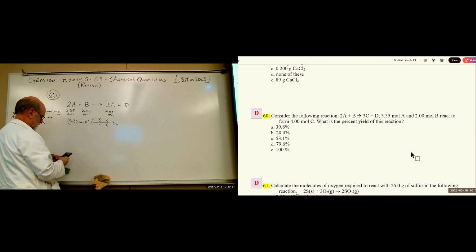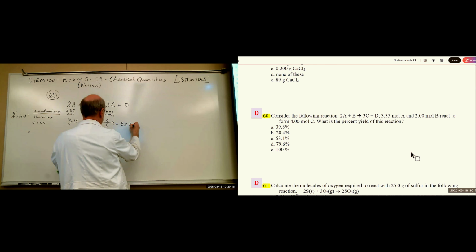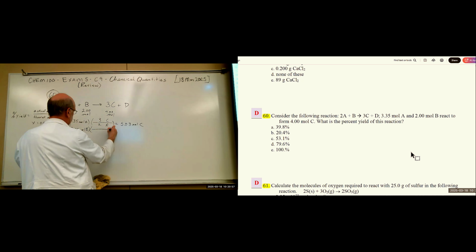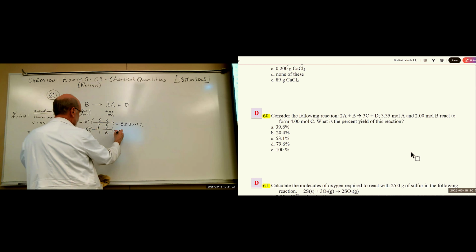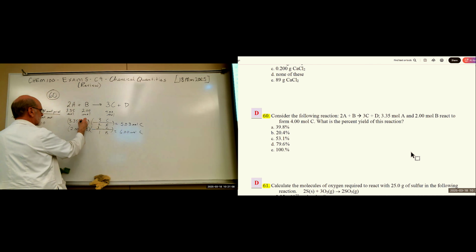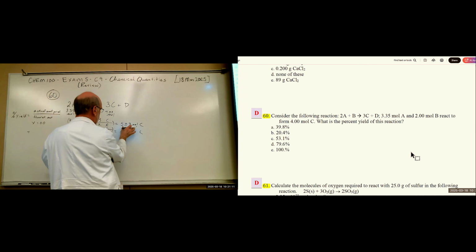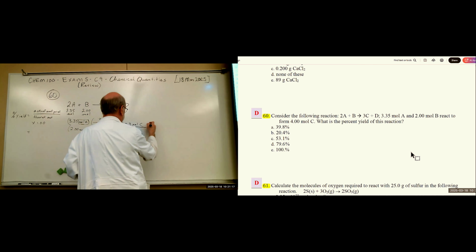So 3.35 times 3 divided by 2 is 5.03 moles of C. And then take 2 moles of B and convert B to C. This would still be 3 and this would be 1, so that would be 6 moles of C. So we know that A is the limiting one, and we produce 5.03 moles. This is the theoretical.